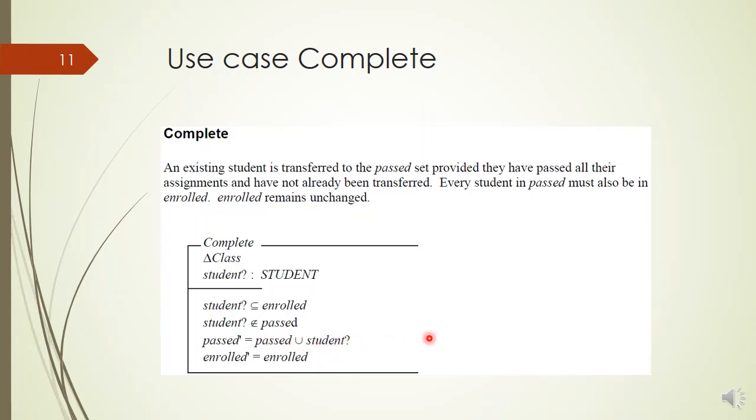So this is basically the answer: because student prime with the question mark is an element, the subset operator is not appropriate for that. For an element, we can say that the element is a member of that set.